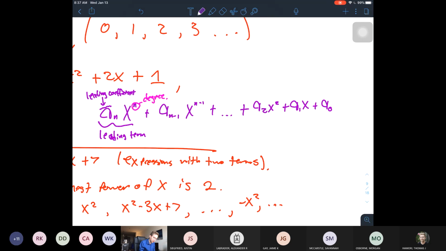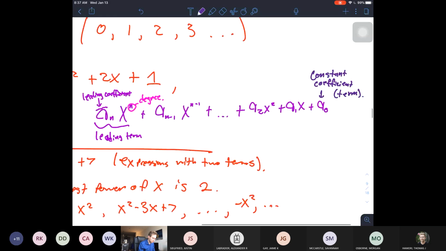We'll also call this last term the constant term, or constant coefficient. Okay, so that's how we write polynomials in a really general way.